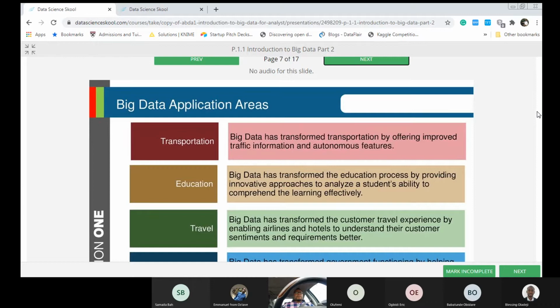But with the application of big data, they've been able to shorten that time significantly. They've also been able to minimize the cost they incur before they can determine whether a location is viable for commercial oil exploration. So in oil and gas, it's applicable.